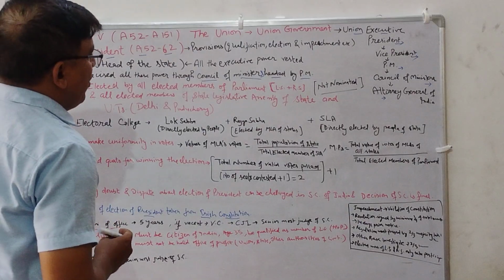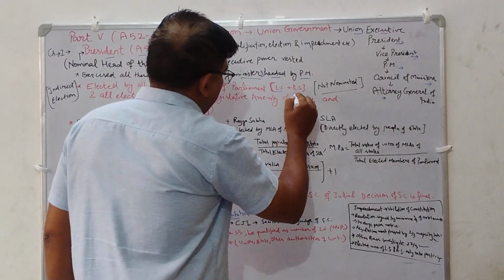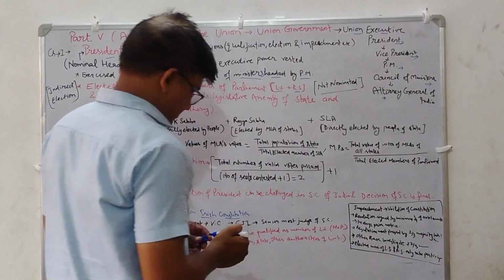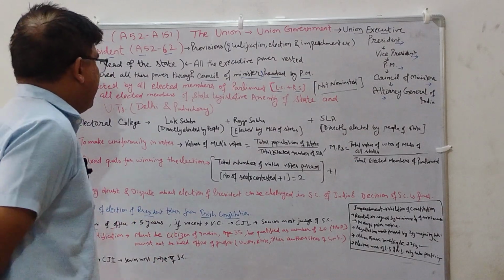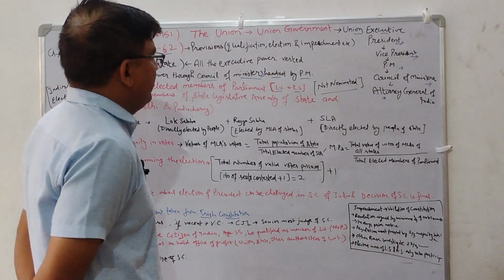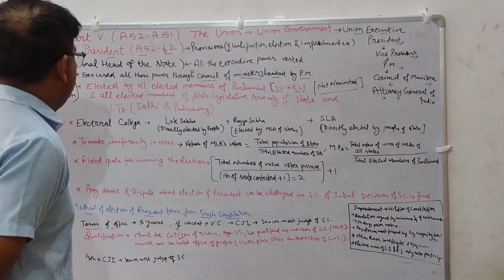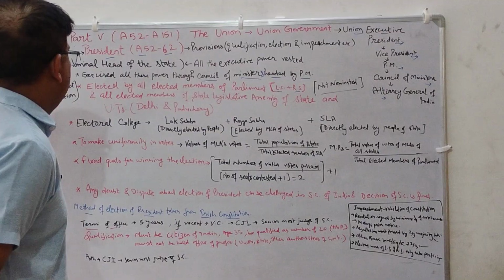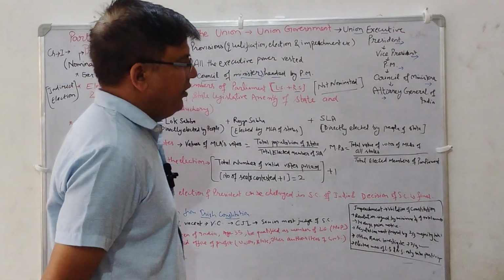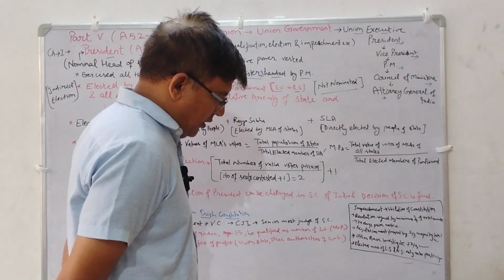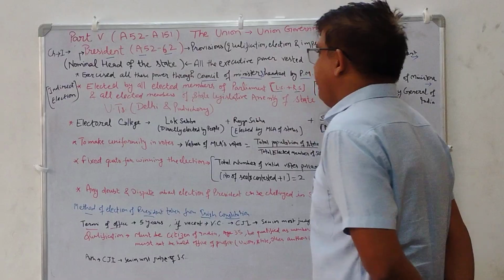Elected members of Parliament means the members of Lok Sabha and Rajya Sabha. Participation in the President election is only for the elected members, not the nominated members, because in our Parliament we have some nominated members.